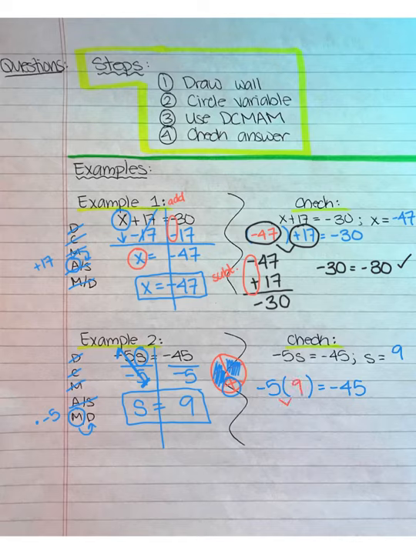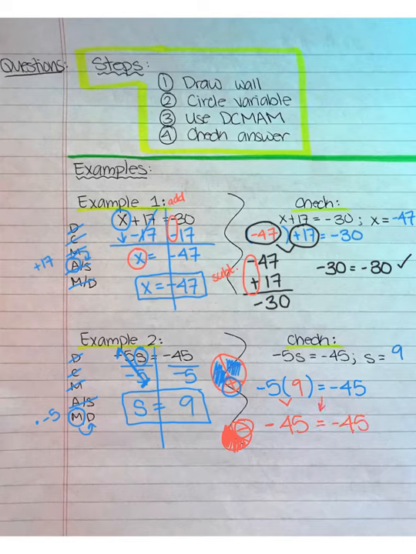This one's actually a lot easier than the previous example because multiplying to me is easier than adding and subtracting. So we have 9 times 5, which is 45, but uh-oh, I have a negative. So here's my dead man. The 5's negative, cross out a negative. The 9 is positive, I cross out a positive. So I'm left with a negative 45, and that is equal to negative 45.